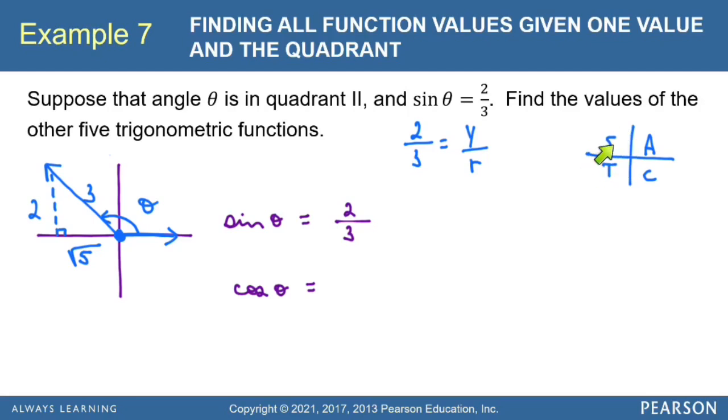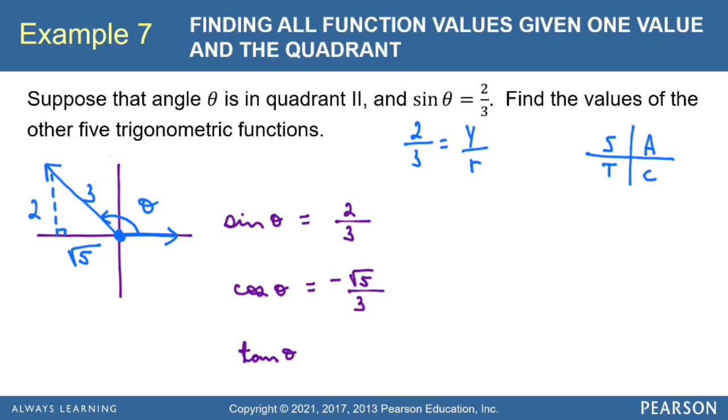This is a quadrant 2 angle, so only sine and its reciprocal will be positive. That means cosine will be negative, so I'm going to go ahead and put down a negative sign. And then use the definition of cosine, which is x over r. So that's going to be negative square root of 5 over 3. And this is in final form because nothing needs to be simplified, rationalized, or anything like that.